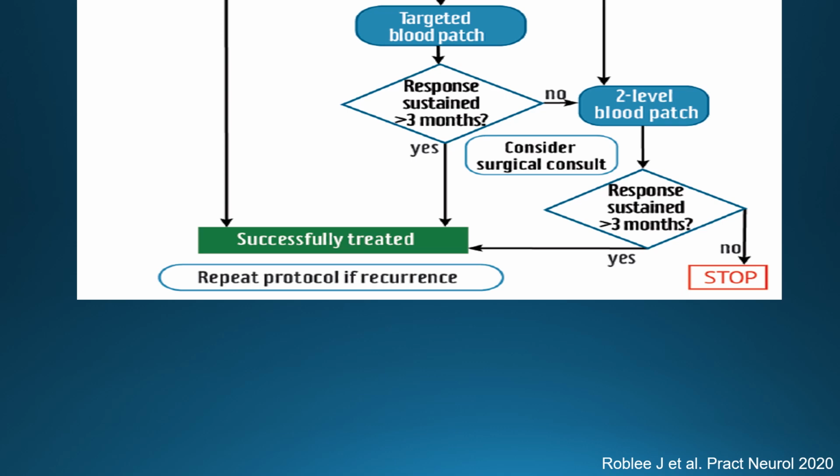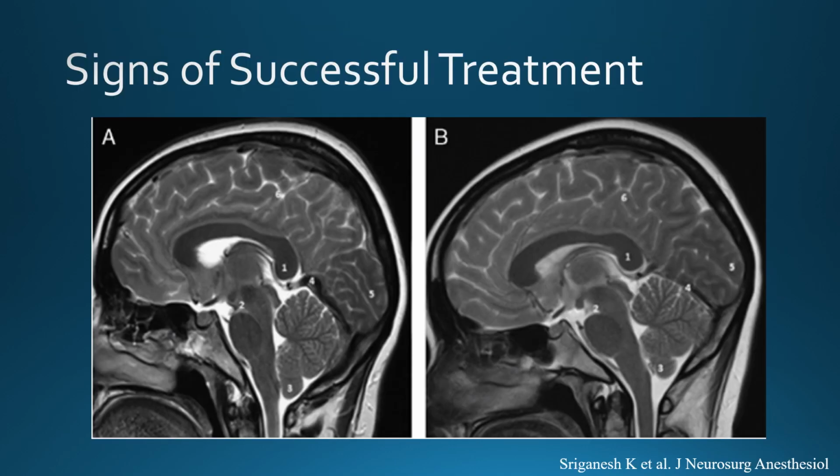But if there is no response, then a second level targeted blood patch can be considered. And if there is no response, then surgery must be considered if there is a large defect. And if no further response, then no further treatment should be given, and other causes of headache should be found out. And if there is recurrence after 3 months, then the same cycle should be repeated.